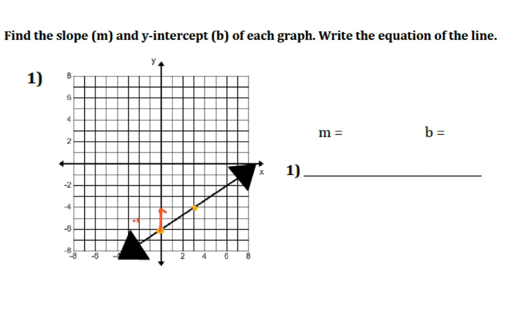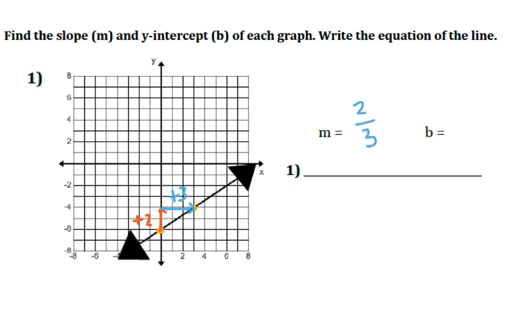That means I'm adding 2, so it's a positive 2 rise. And our run means we're going over 1, 2, 3. That's a positive 3, because we're going to the right. So up is positive, right is positive. So our slope, rise was 2, run was 3.